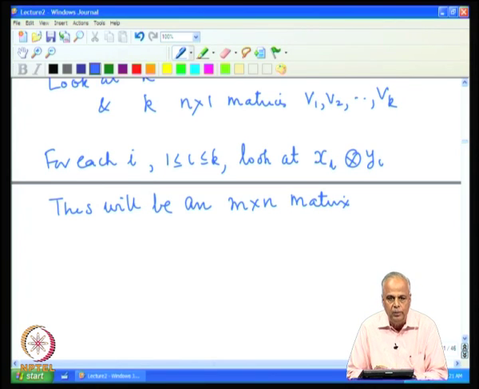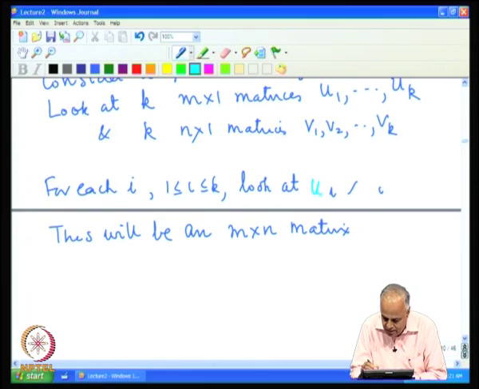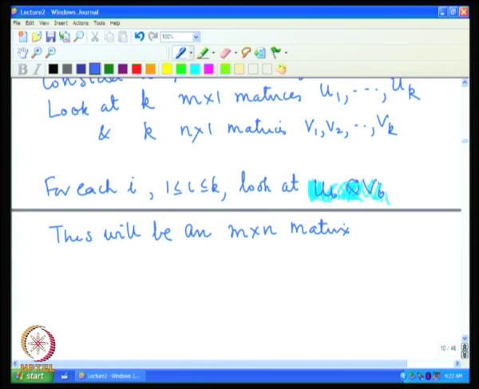Finally, for i equal to k we get one m by n matrix. Now, let us add all this.